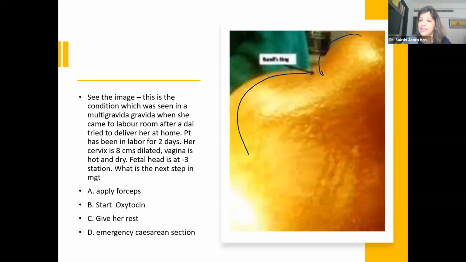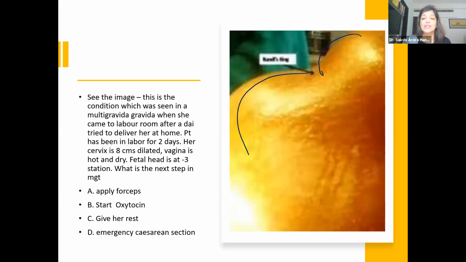Now, first, let me talk to you about this Bandel's ring, and then I'll tell you the significance of this statement, -3 station. So Bandel's ring: whenever there is obstructed labor, the upper uterine segment will contract vigorously and try to push the baby out, whereas the lower uterine segment will passively dilate.